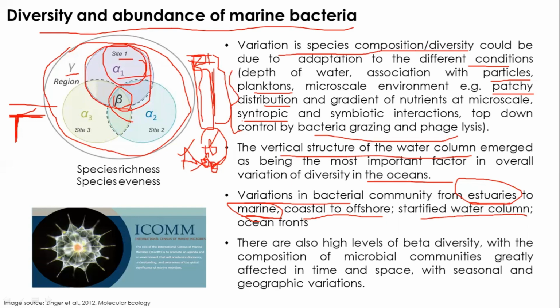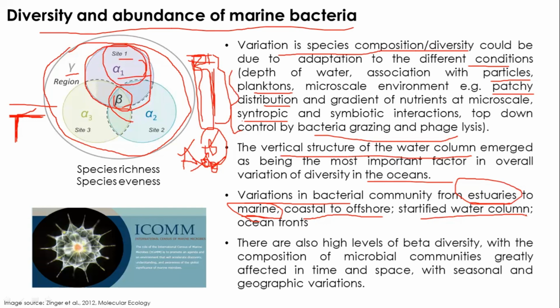So in different parts of the ocean, we will have different sets of microbes, or a very wide range of diversity, because of the varying abiotic and biotic factors. Okay.